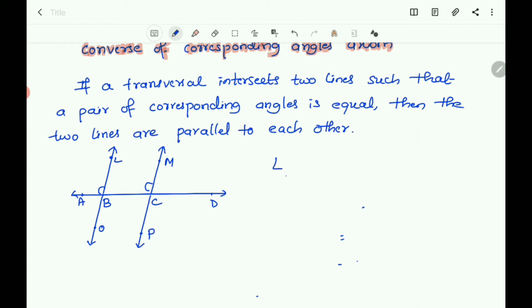Angle ABL is equal to angle BCM and LO is parallel to MP, and here AD is the transversal intersecting LO at B and MP at C. So here you got the verification of the converse of the corresponding angle axiom.